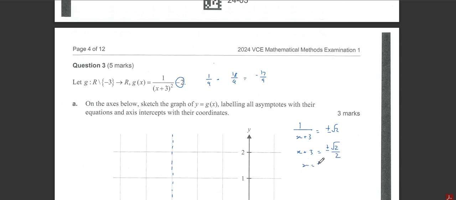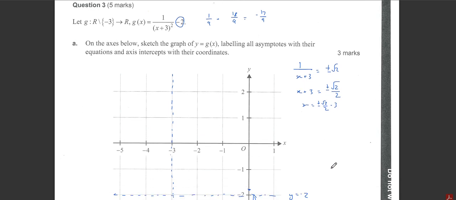So x is equal to plus or minus root 2 on 2 minus 3. So that's around here, I think. Root 2 on 2 minus 3, 0. And negative root 2 on 2 minus 3, 0.